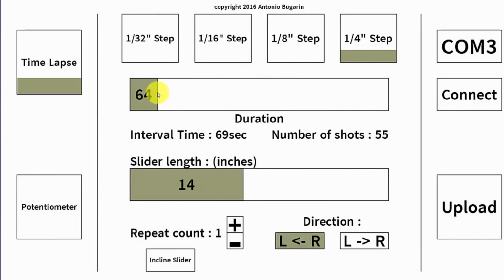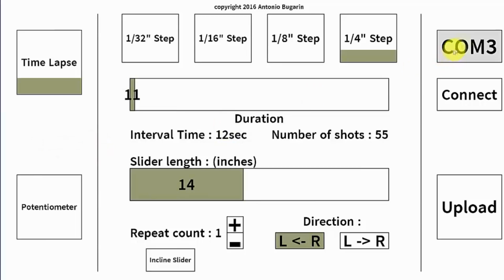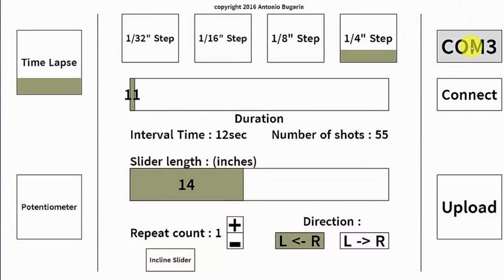And then this right here, we're going to set it really low, so we can see it move, to 9-10 minutes right here. Your interval time will be 12 seconds. Now this is the communication port like I've already discussed in the previous video. Right here, you hit connect, upload.